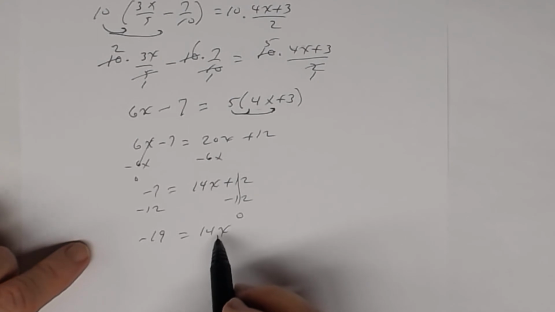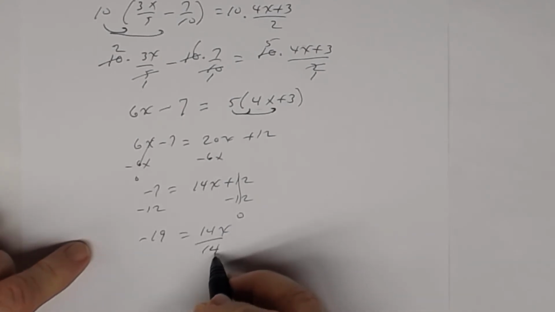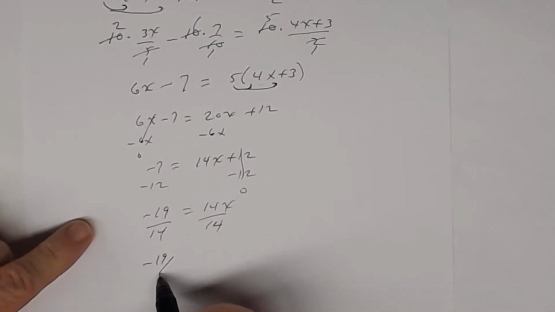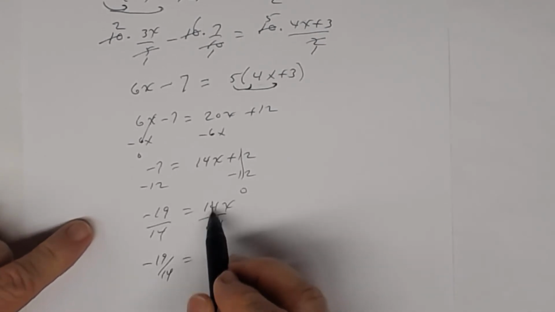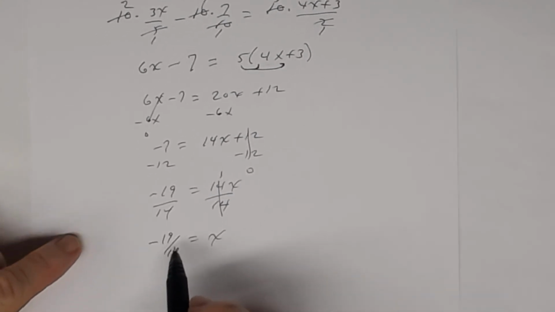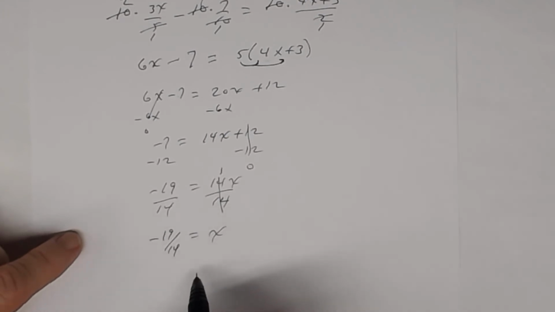And then finally to get x by itself, I'm going to divide both sides by 14. And so I get negative 22/14 equals 14 divided by 14 is 1. 1 times x is x.